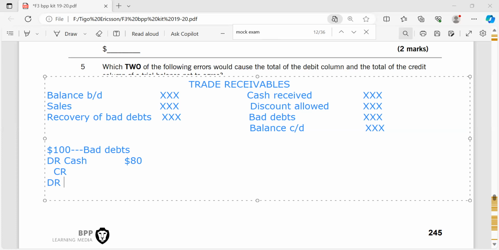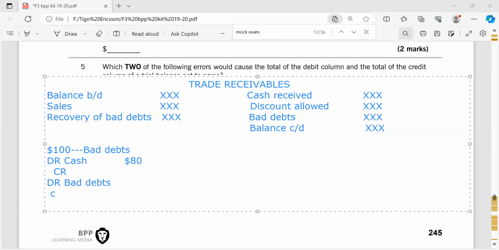Usually, for bad debts, we debit bad debts, and then we credit what? After debiting bad debts, what do we credit? I credit trade receivables. Very good. That's why you can see here: debit bad debts, credit trade receivable.